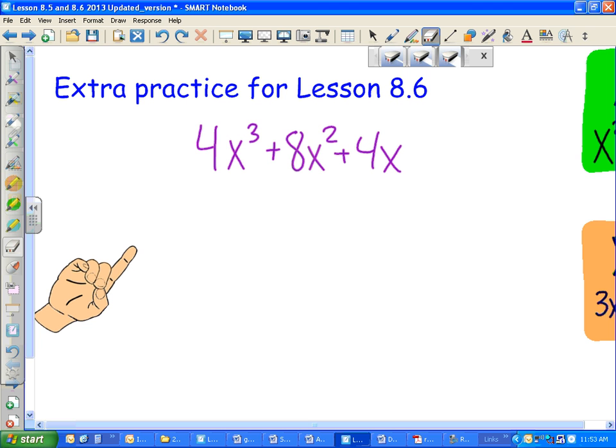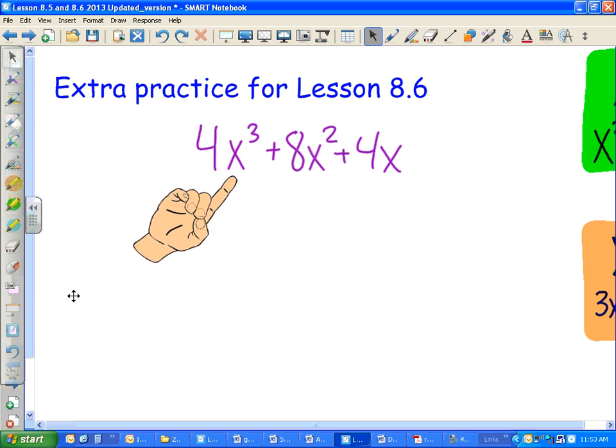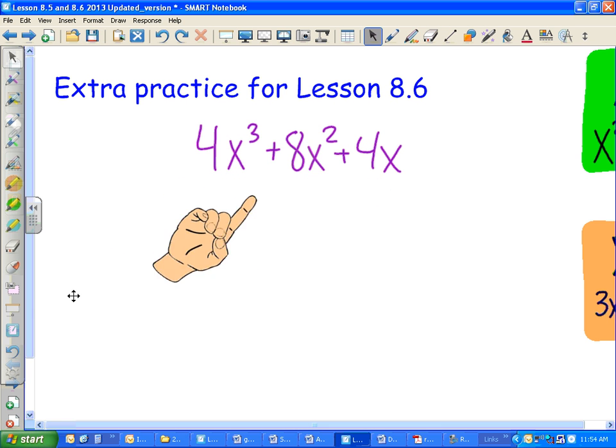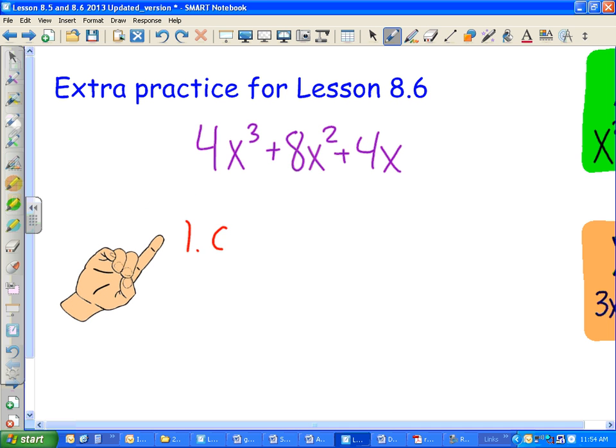Okay? So let's do this first one right here. I have 4x cubed plus 8x squared plus 4x. Now remember, for this last lesson I told you to think about 2 different things. One, can I take anything out?